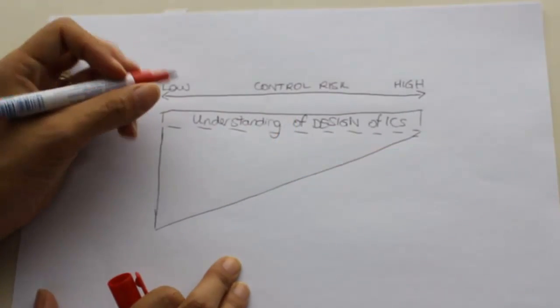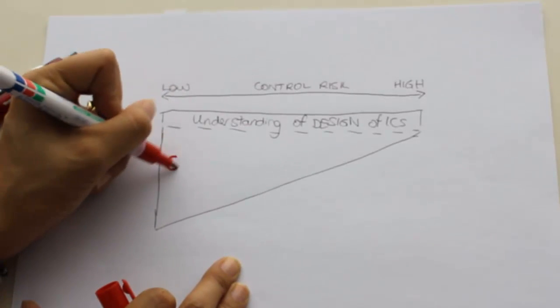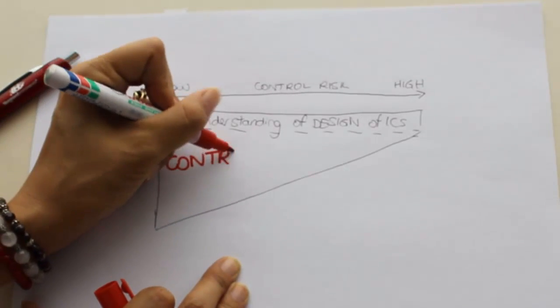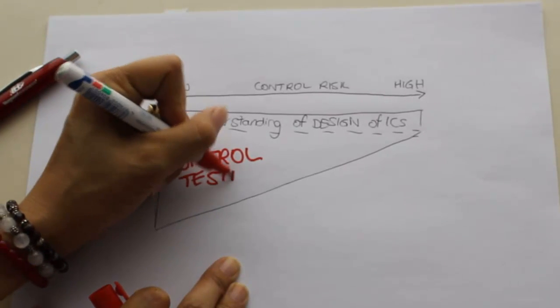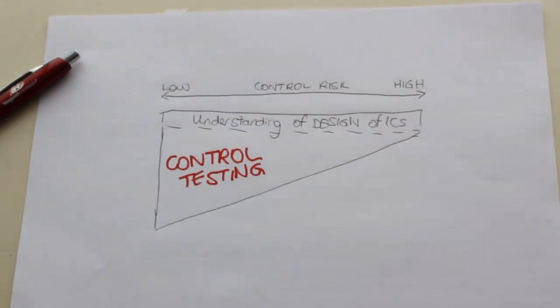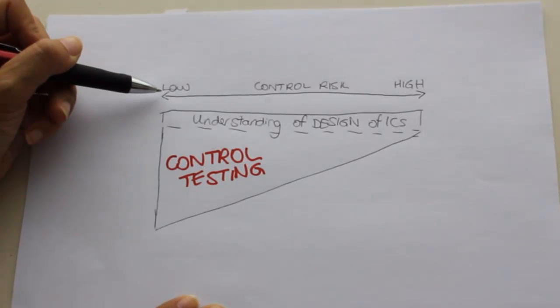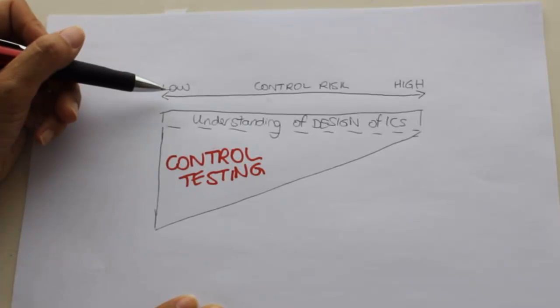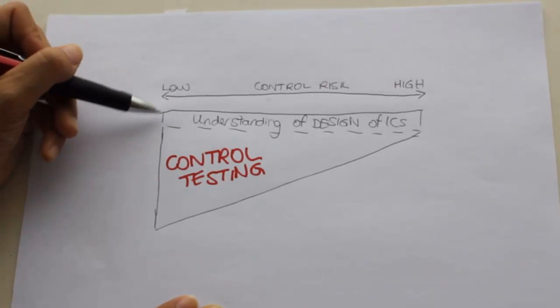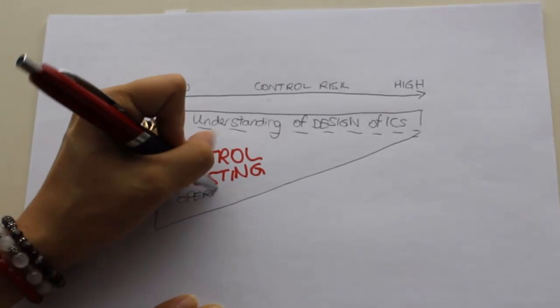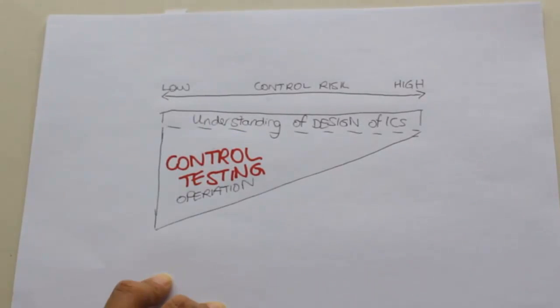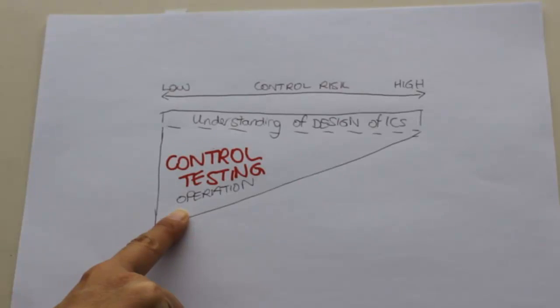So here, in this extra section, is my level of control testing. Where there is low control risk and the controls we think do a good job of preventing and detecting misstatements, I'm going to test the operation of these controls to see if they do what they were designed to do.